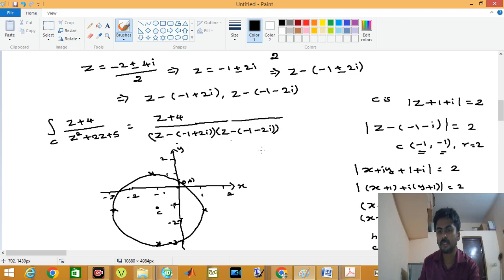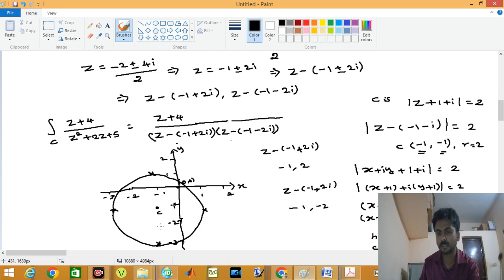The point z equal to minus 1 plus 2i has the coordinates minus 1 comma 2, and the point z equal to minus 1 minus 2i has the coordinates minus 1 comma minus 2 in the x and y axes.